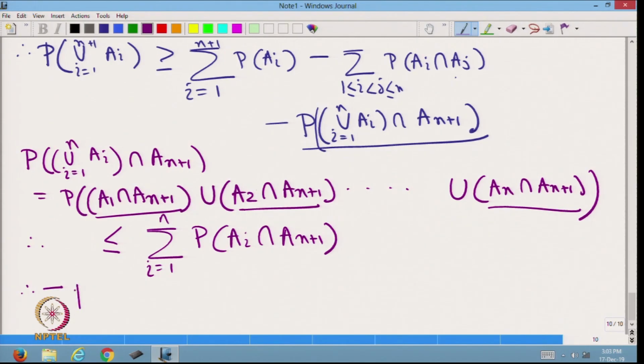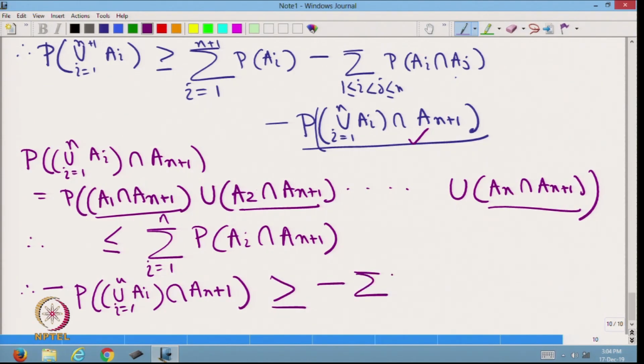minus probability of union over i is equal to 1 to n of Ai intersected with A(n+1), that is this quantity, is, because this is less than or equal to this, when we have taken the negative sign, the inequality changes.